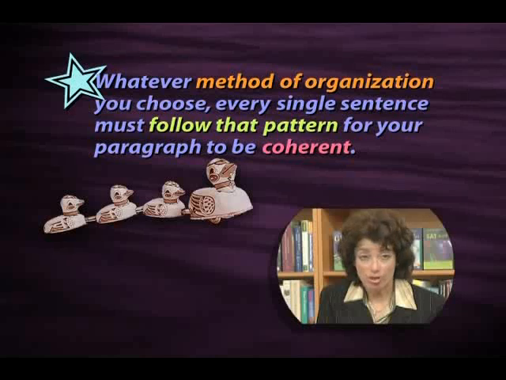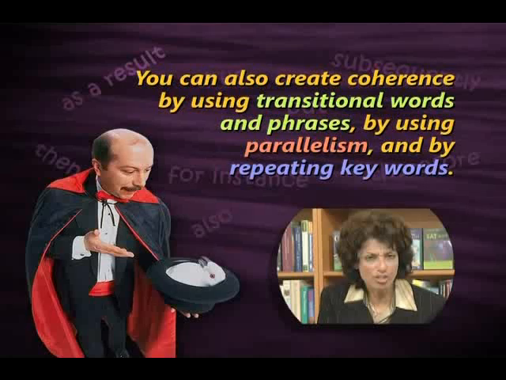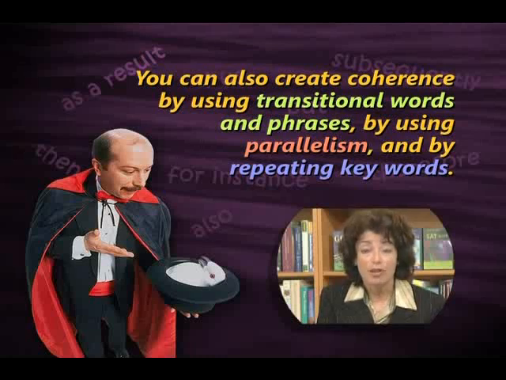Whatever method of organization you choose, every single sentence must follow that pattern for your paragraph to be coherent. You can also create coherence by using transitional words and phrases, as you'll learn in our next program, by using parallelism and by repeating key words.